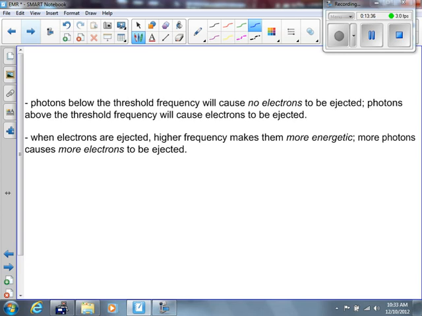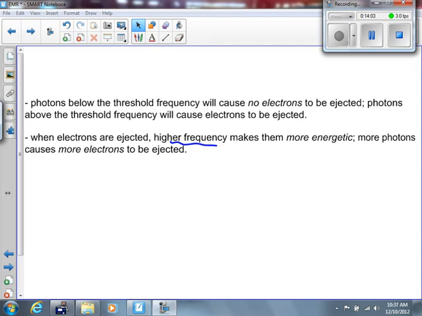One photon above the threshold frequency causes one electron. But when you're way above the threshold frequency, or you have a higher frequency than is even necessary to cause the electrons to be ejected, it's still a 1-to-1 correspondence, but each one of them is going to be more energetic than when we use the frequency that's just barely above the threshold frequency.